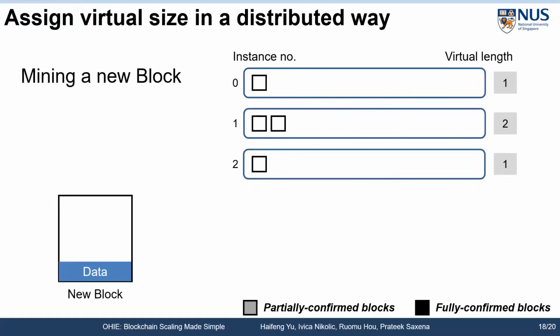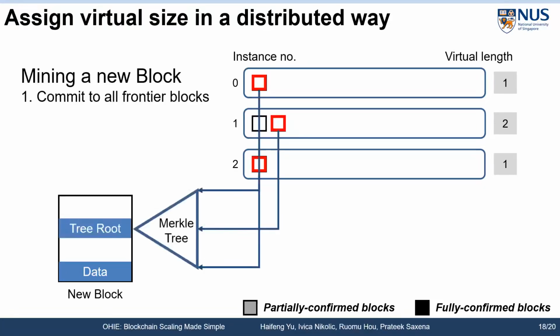Now, how do we assign virtual sizes in a distributed way without having global knowledge? Let me run through an example to illustrate the idea. Let's assume that one block is already mined on instance 1 and other instances only have a genesis block. The miner first commits to all the latest blocks on each chain by including the Merkle tree roots in the block.